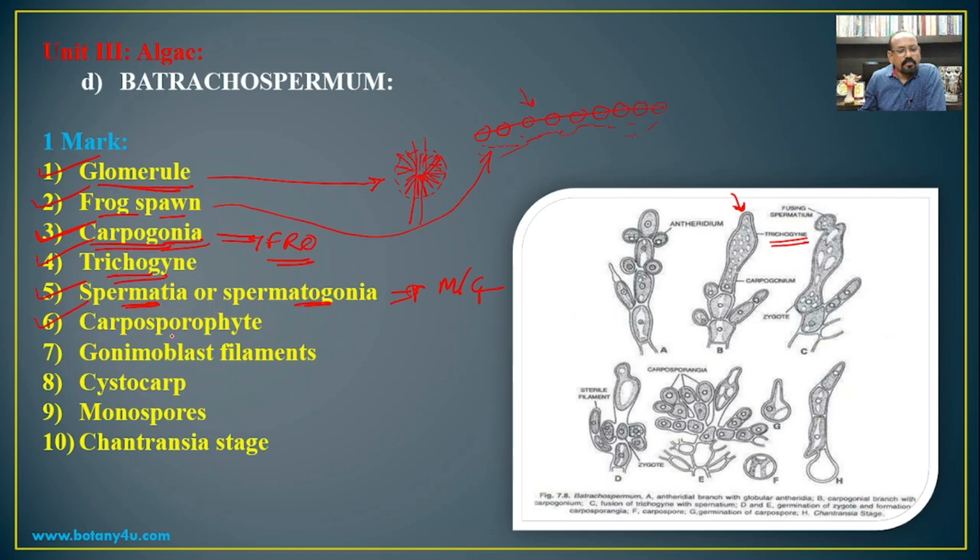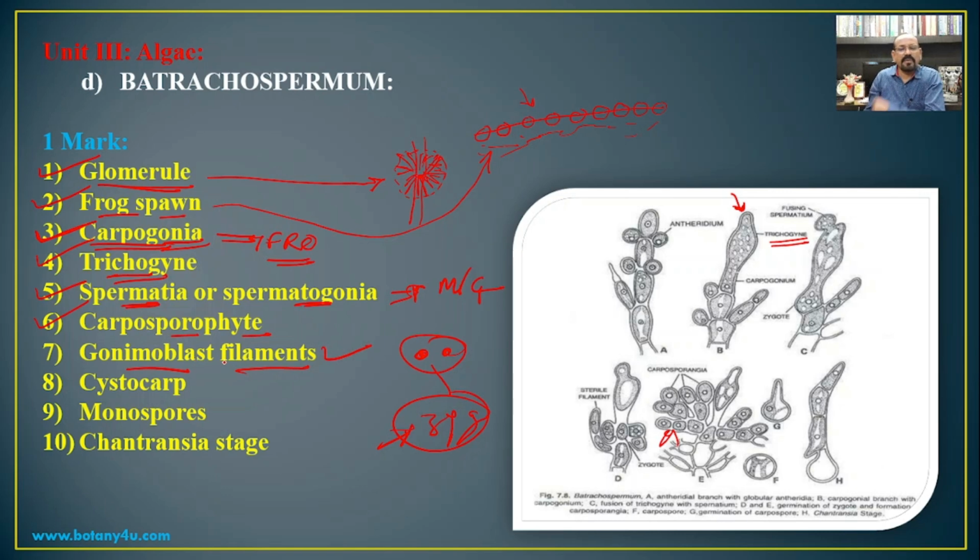Then the carposporophyte. Carposporophyte is the structure which is formed after sexual reproduction, that is, after the fusion of the male and female gametes and formation of the zygote. The zygote divides and redivides, and later results in the formation of the gonimoblast filament.